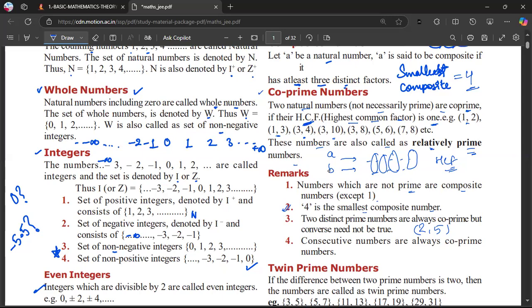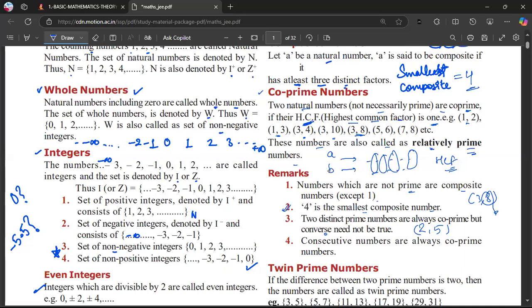But if we take any two numbers, 3 and 8, and they are co-prime, it doesn't mean they must both be prime numbers. That converse is not okay, because 8 is not a prime number here, but 3 and 8 are still a co-prime example, right?